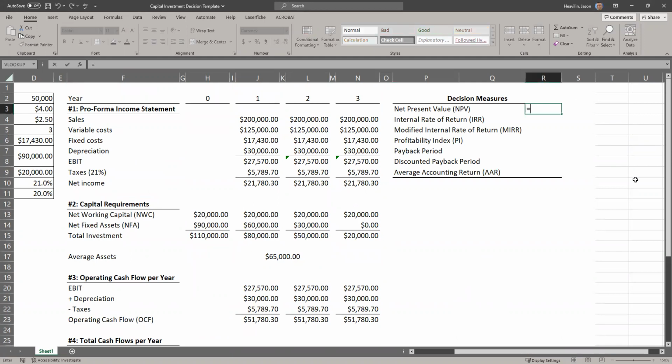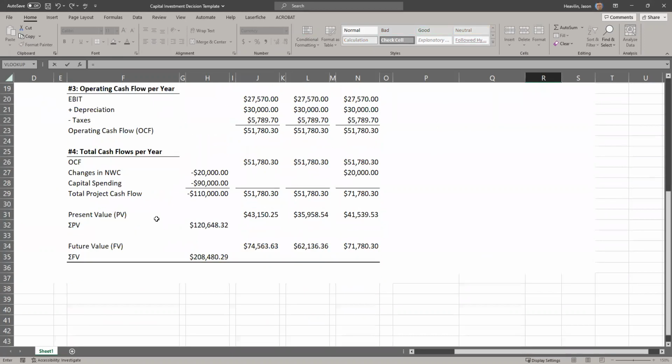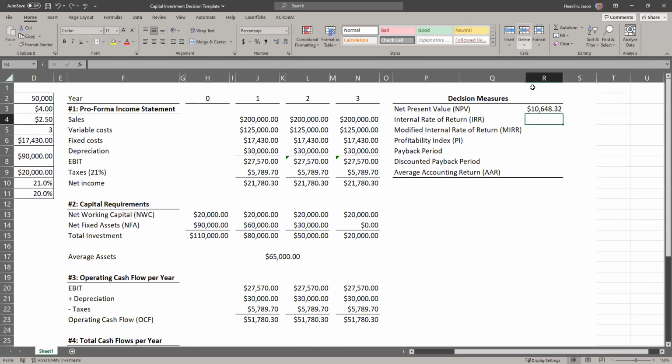So in this case, once you have the present value of the cash flows, you add to it whatever the cash flows were for year 0. And that gives us a net present value of $10,648.32.